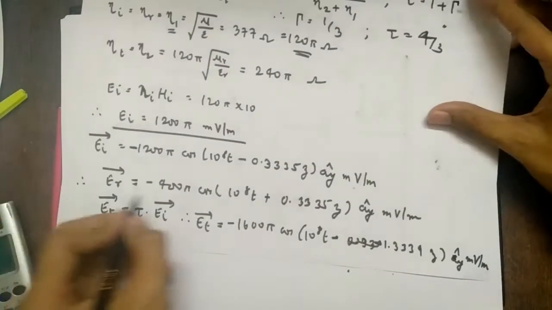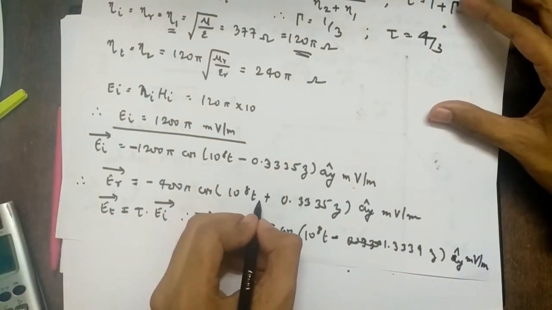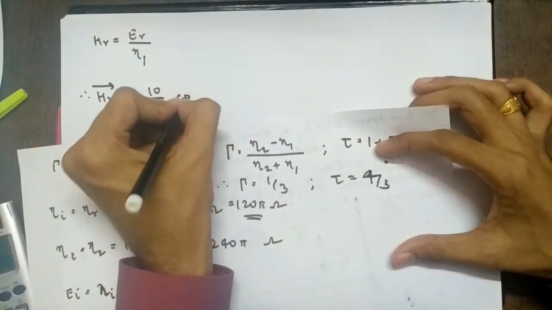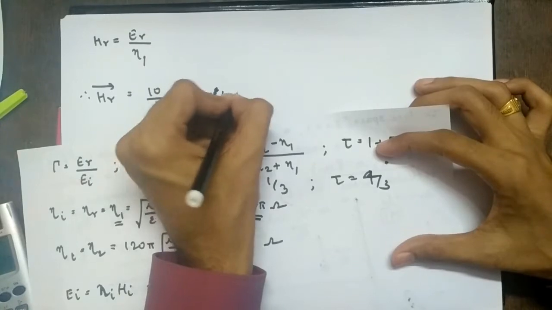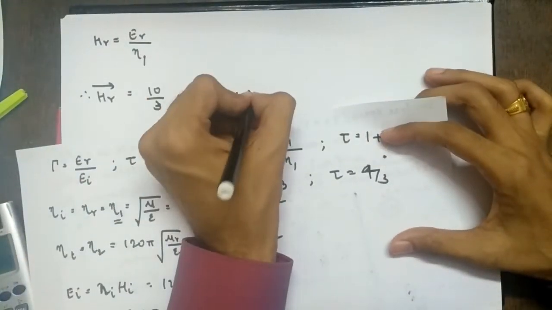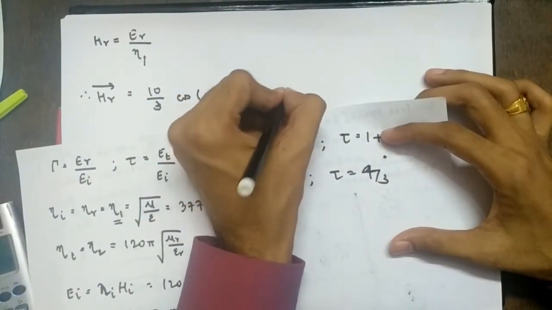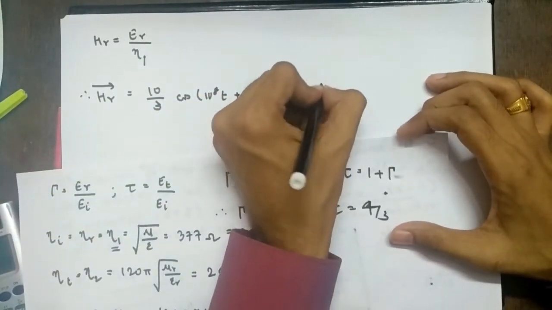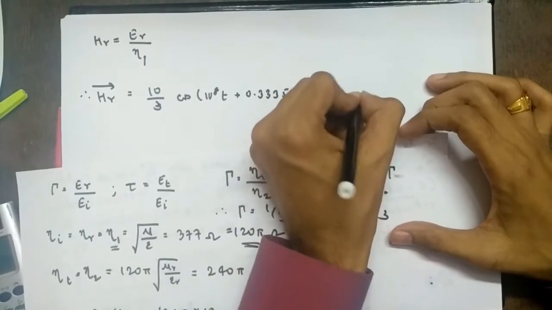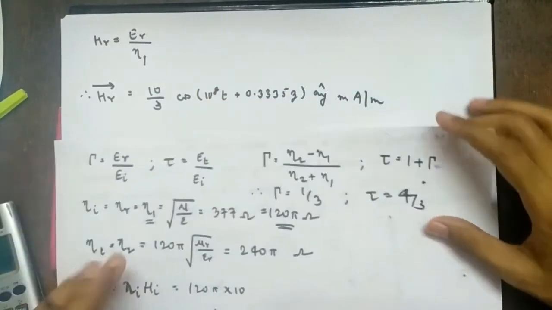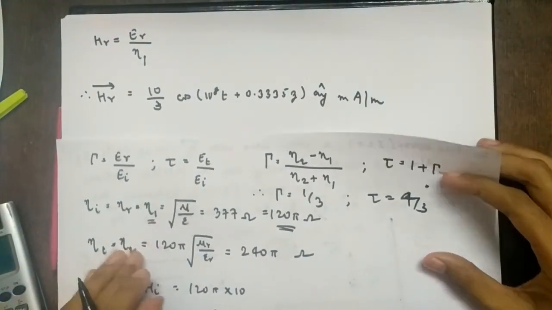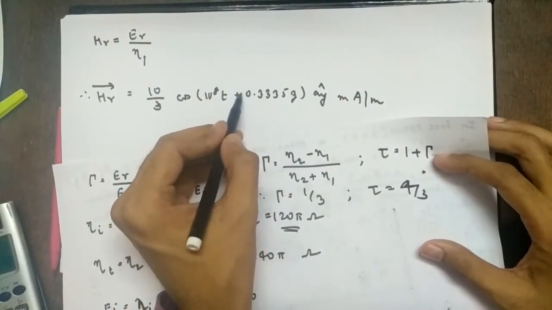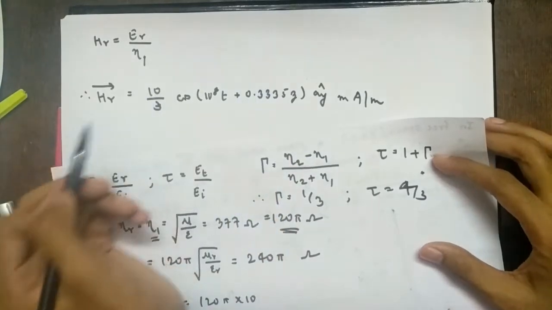So cos of (10 raised to 8 t plus 0.333 z) a_y cap milliamperes per meter, right? So reflected. So this will be plus because we are in the minus z direction, and this will be medium 1. So we are correct, right?